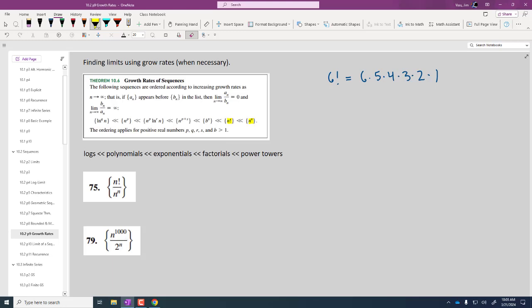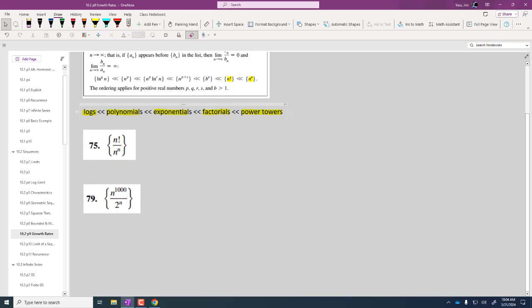Powers of logs, we're going to keep very simple. These are the 5 categories of functions, and the double greater than means the one to the right grows significantly faster than the one to the left. When we can't do the math, we just apply this growth rate concept.